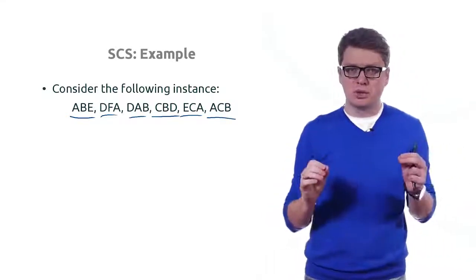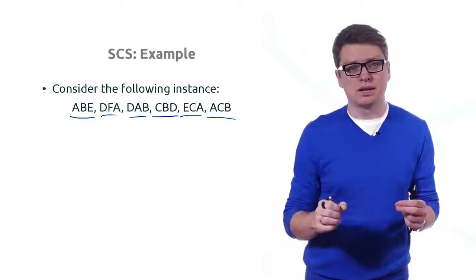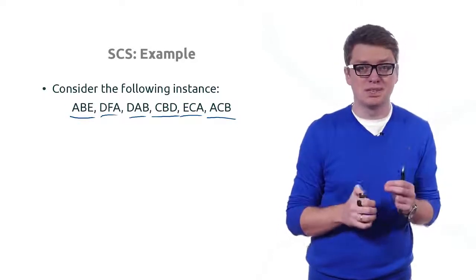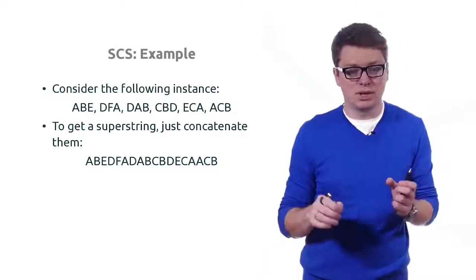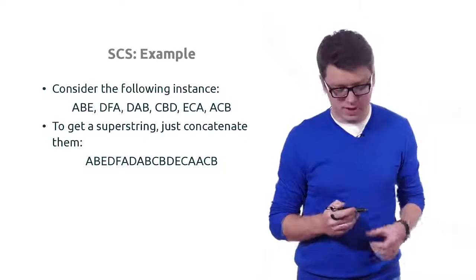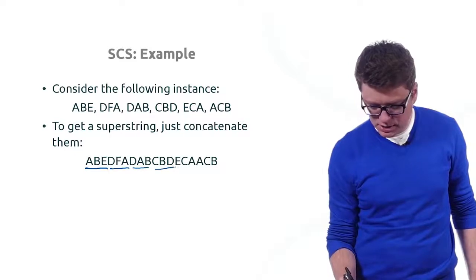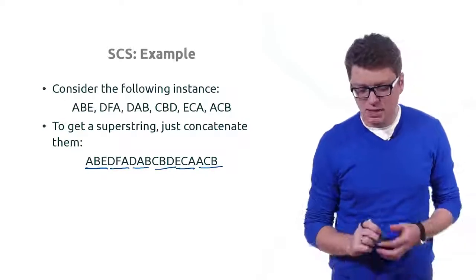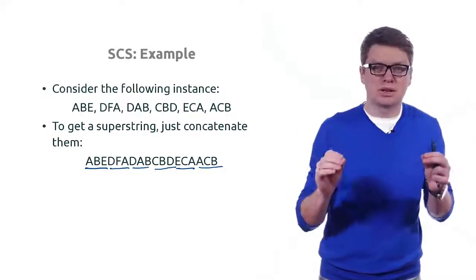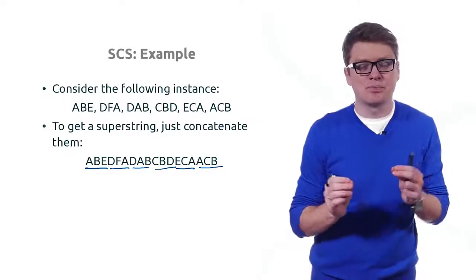First of all, if we're looking for some superstring, not just the shortest one, then it is quite easy to get one. We just concatenate them, right? So this is just ABE, DFA, DAB, CBD, ECA and ACB. So in a sense we do not compress anything in this case, right?